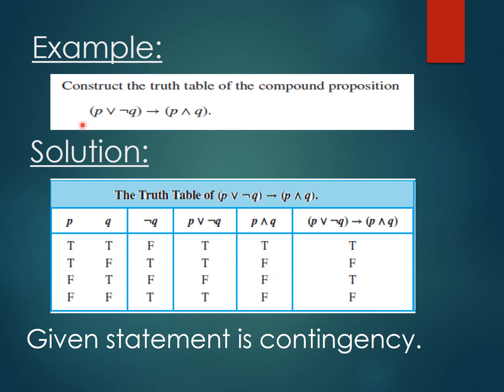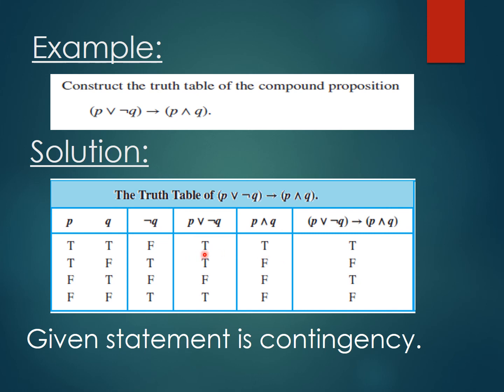Now see your given question, P or not of Q implies P and Q. As both columns are ready, now we are going to use the implies sign, if then. Here P or not of Q is true, true, false, true, and P and Q is true and then all are false. As implies is only false if the first one is true and the second is false, we are going to check all the options.